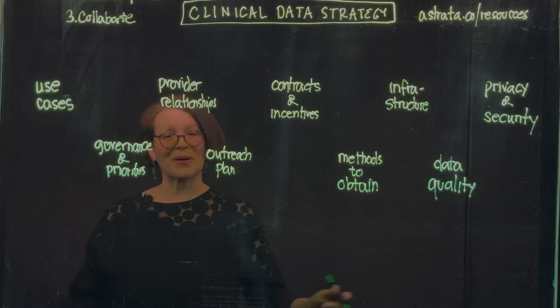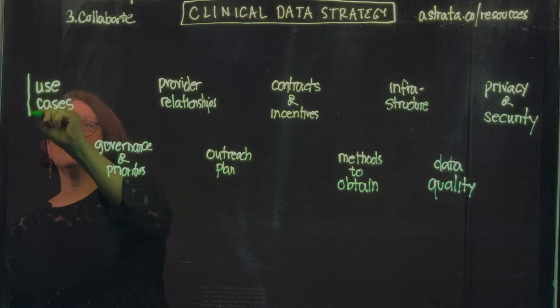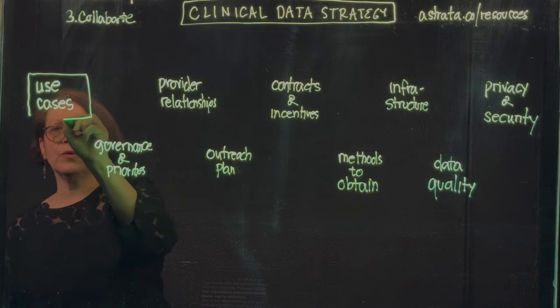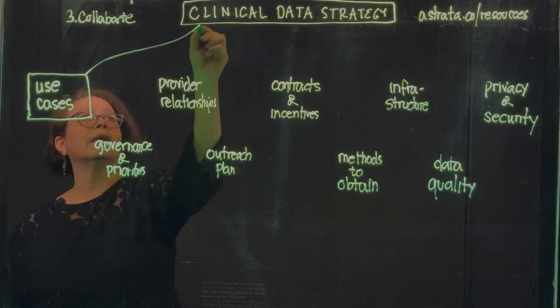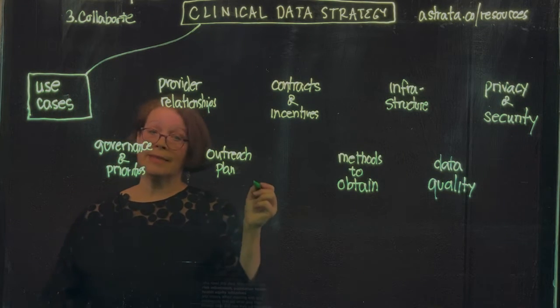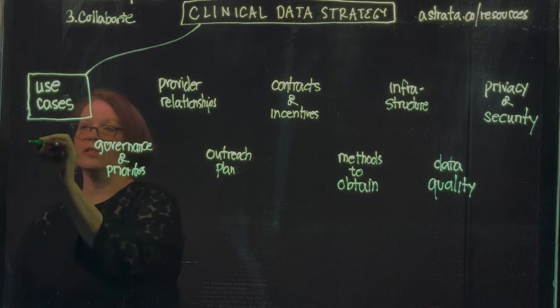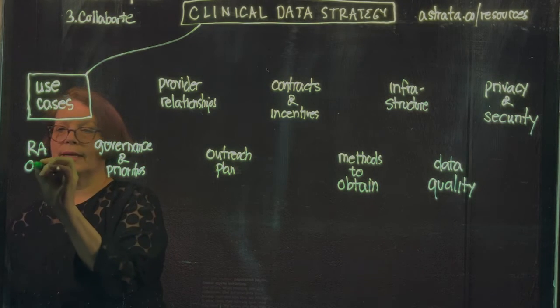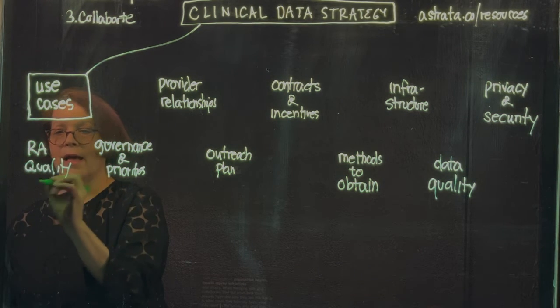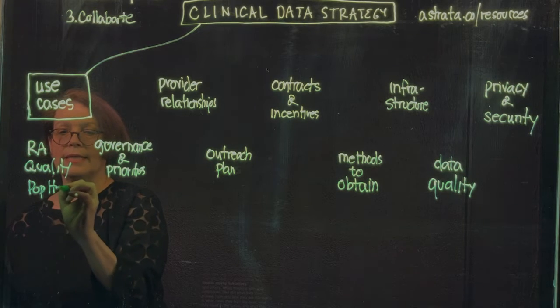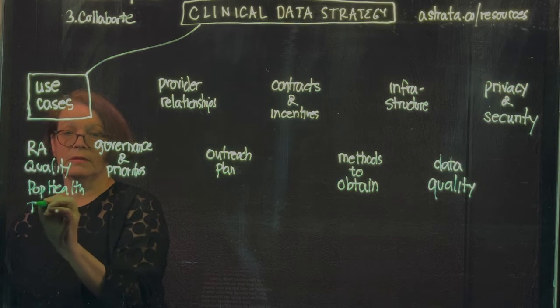So, where do you start? Start by identifying the use cases in your organizations that have like-minded leaders who need this data. This may include risk adjustment, quality, population health, and health equity initiatives.